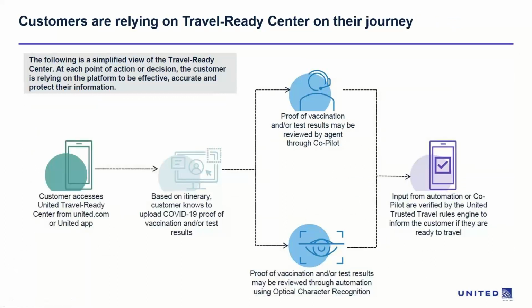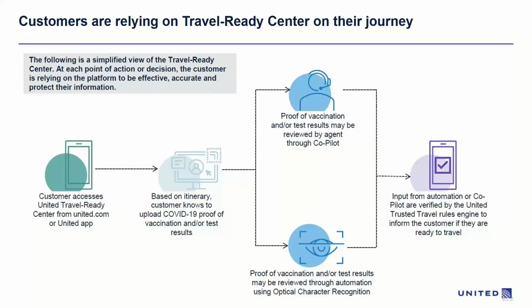This is an overview of really how our products use the information that your teams provide to Thematic and again are then disseminated to the industry for use. Simple overview, the customers access the United Travel Ready Center through all of our United products. Based on their itinerary, they are told what is required for travel based on the information that is contained in Thematic.